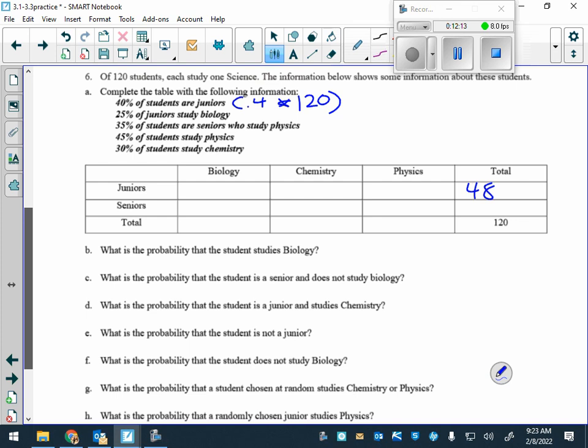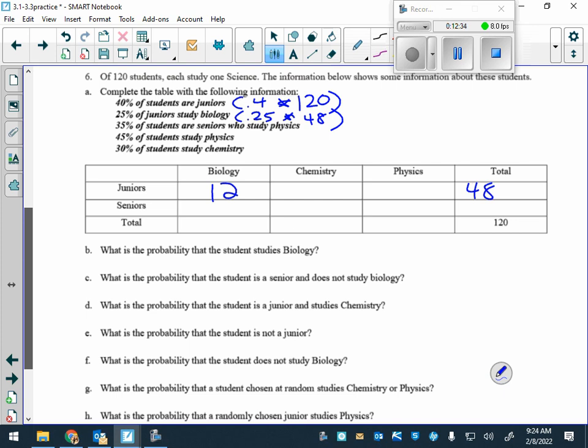25% of juniors study biology. How'd you get it? 25% times 48 gives you 12 juniors who study biology.